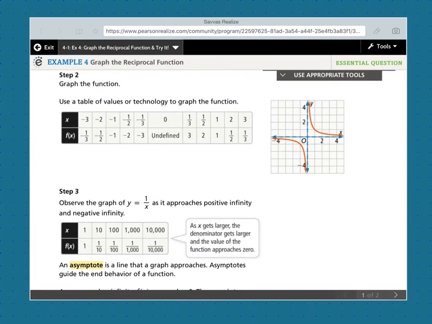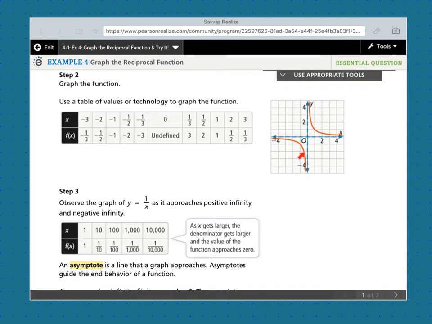And same thing with step 4, as x gets close to 0, y approaches positive infinity as well as negative infinity there. So what that tells me is that x equals 0 is the vertical asymptote.